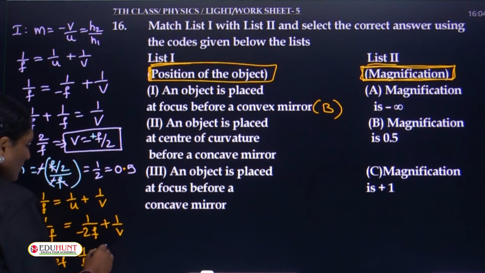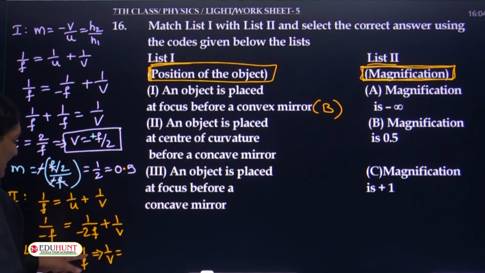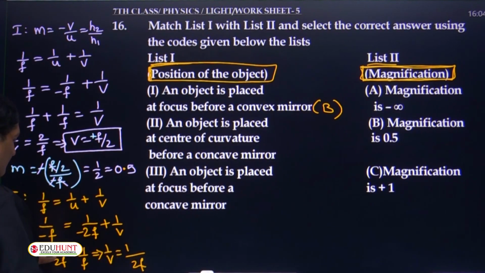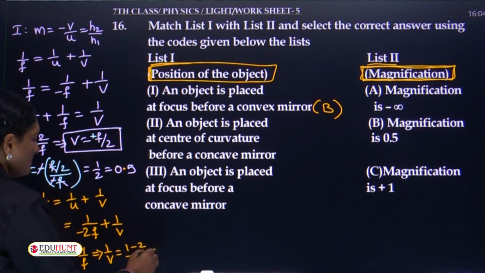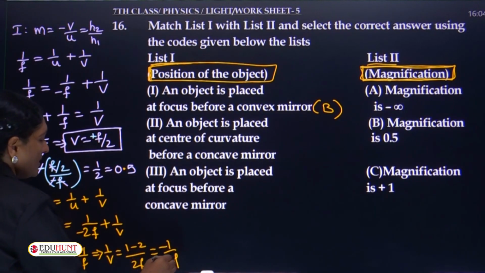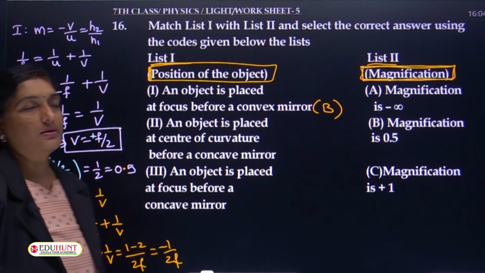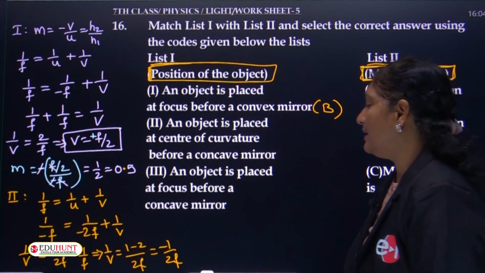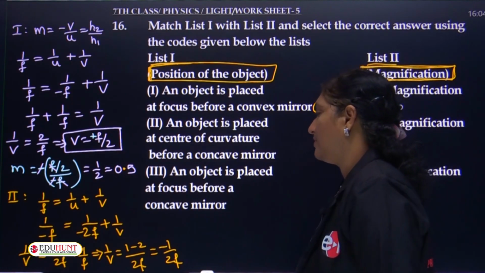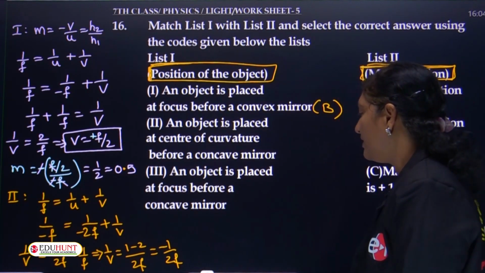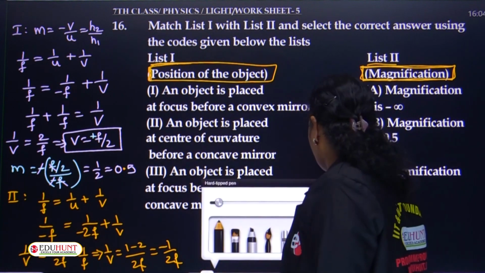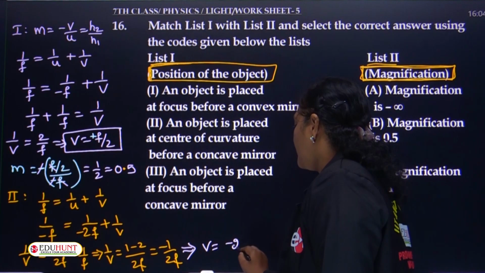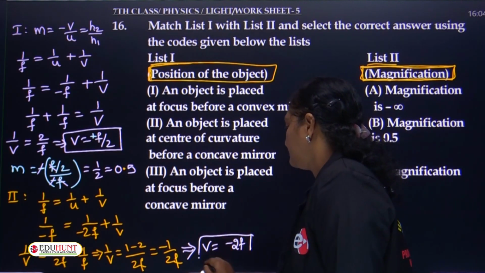This implies 1 by v equals, the LCM here is 2f, so this is 1 time and this goes minus 2 times. Finally you will get minus 1 by 2f. So how much are you getting, children? The value of 1 by v is found to be minus 1 by 2f, or v is found to be minus 2f.